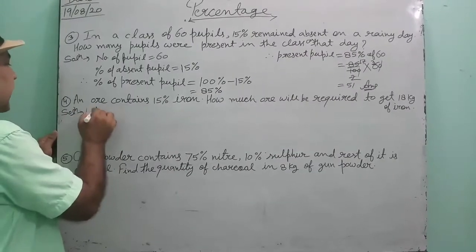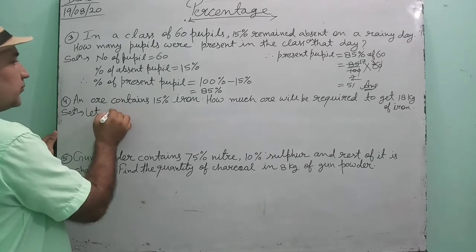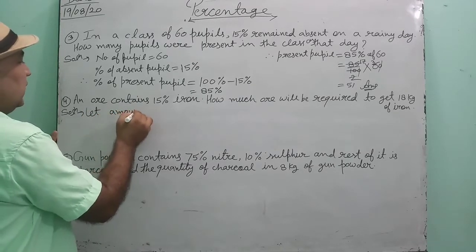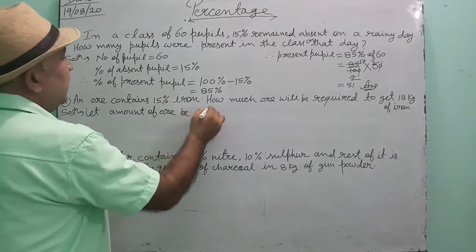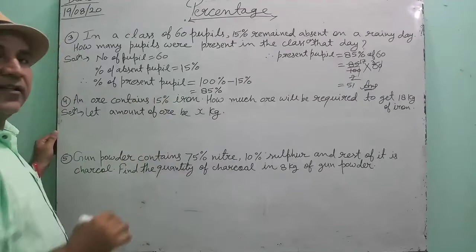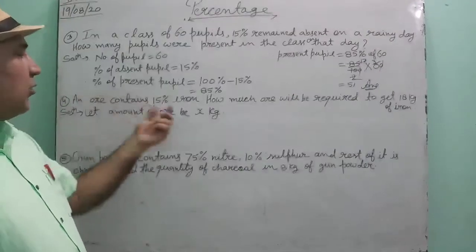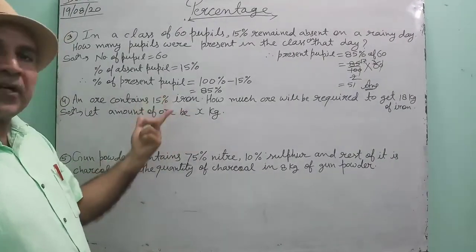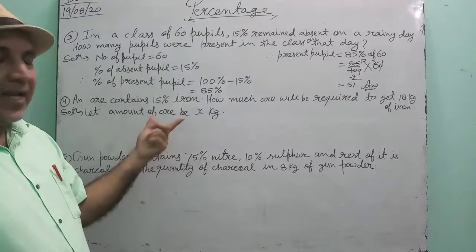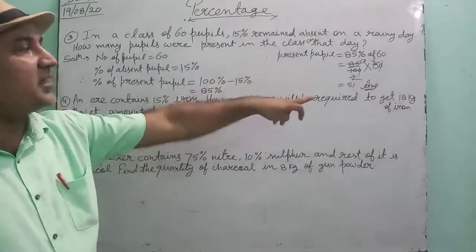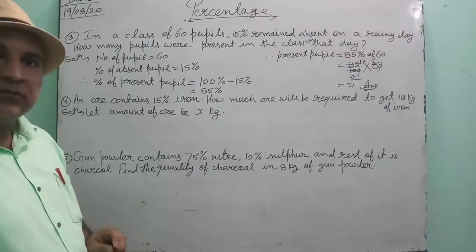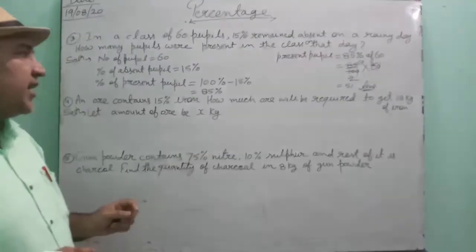So suppose the amount of ore be x kg. Now in this ore 15% iron is present, and 15% of this x kg will give the 18 kg iron. This point you have to understand.